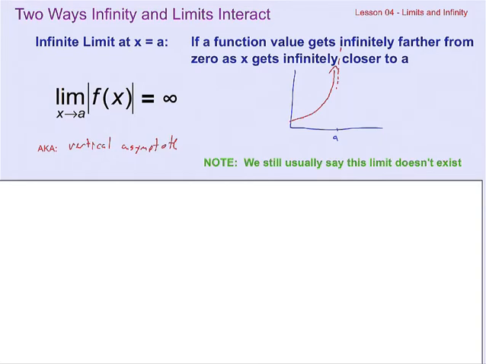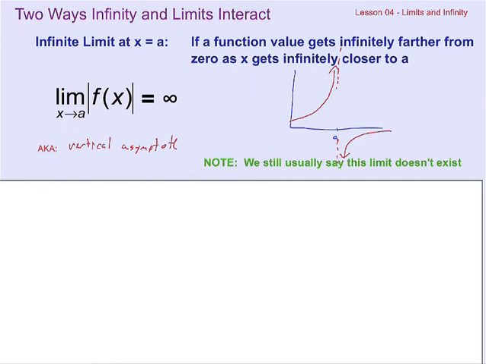I did want to quickly point out also that the reason for these absolute value bars is because very frequently a vertical asymptote will be facing in different directions on either side of a. If this is the case, we can certainly say the limit does not exist, whether or not the asymptotes face the same direction.